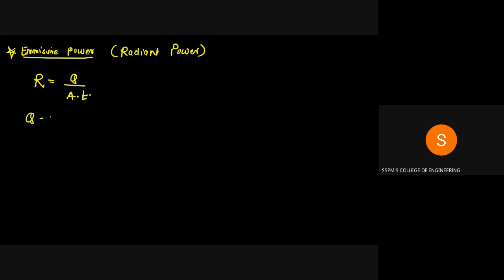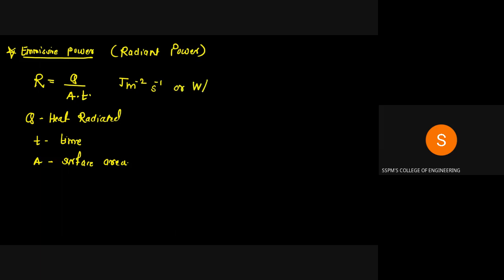Here Q is the heat radiated, T is the time, and A is the surface area of the body. And the unit for this emissive power is joule per meter square second, or watt per meter square. And the dimension is L0, M1, and T minus 3.